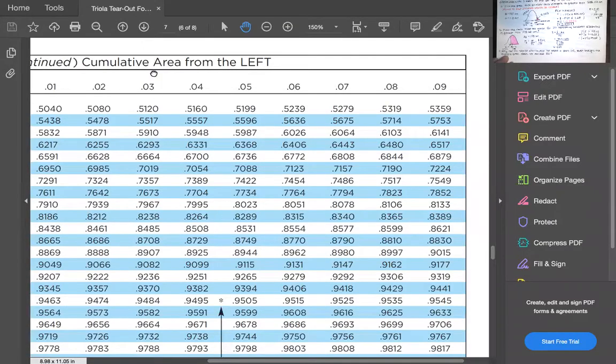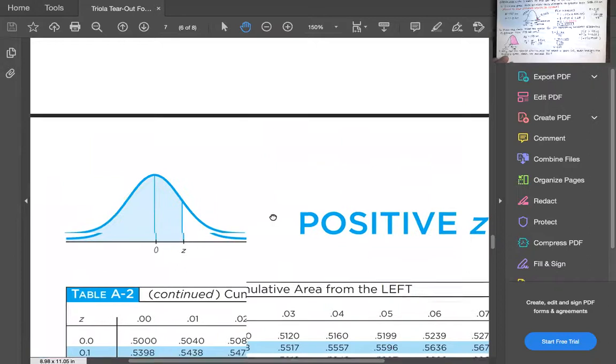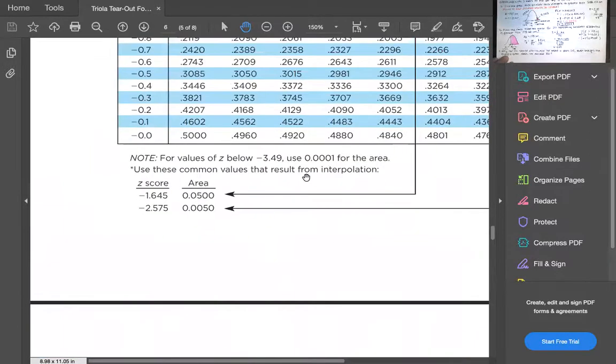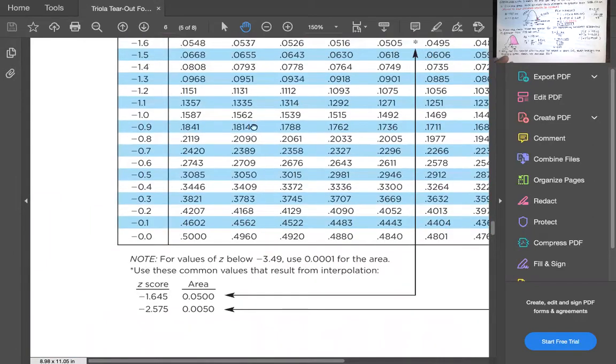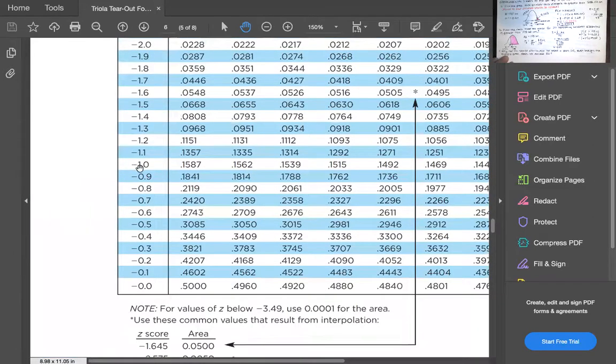So I'm here. This is the positive Z-scores page. Negative Z-scores are over here, and I want Z equals negative 1.03. So there's negative 1.0, that's going to be negative 1.00, that's the area to the left of that, negative 1.01, negative 1.02, and negative 1.03. So that area to the left is 0.1515.